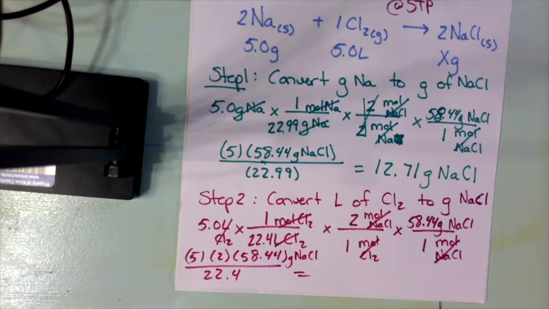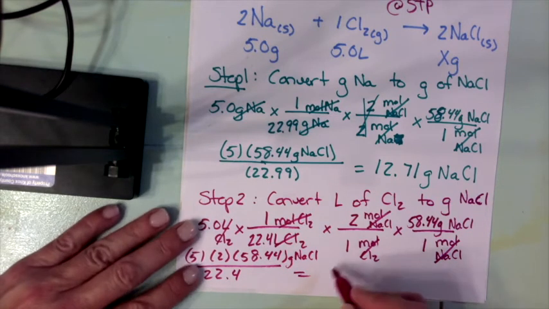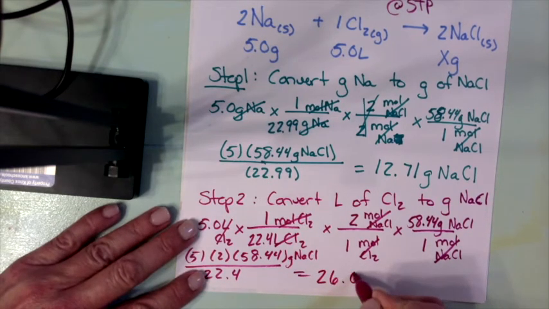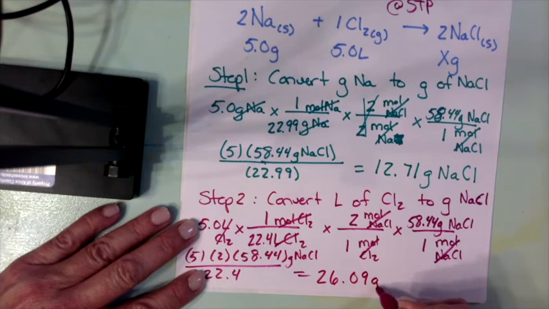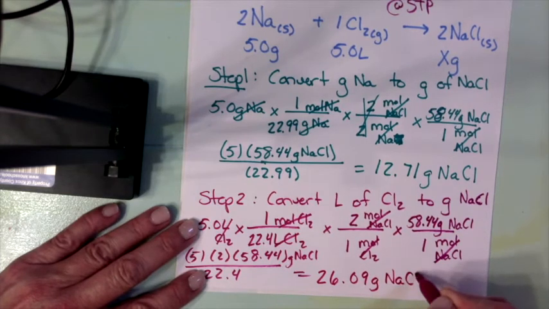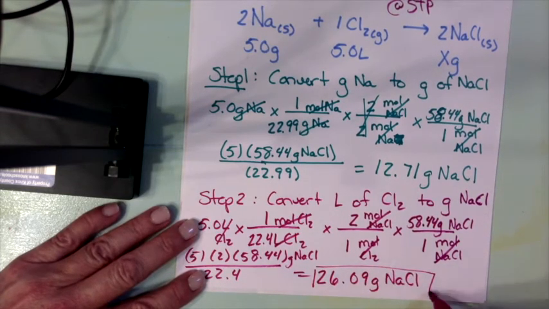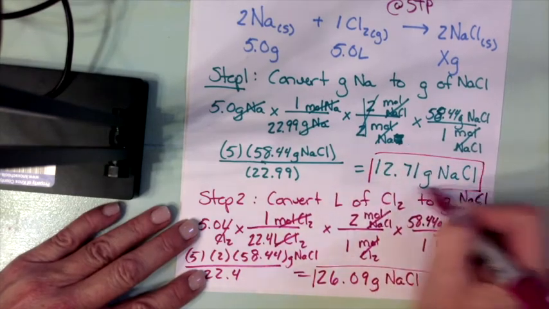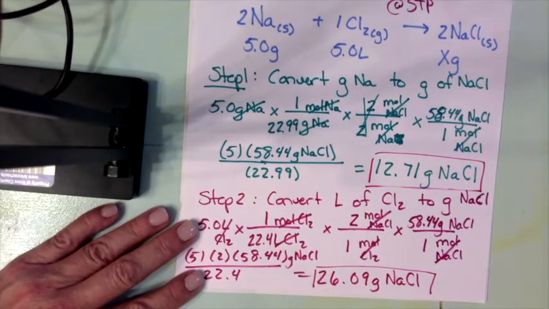So 5 times 2 times 58.44 equals 584.4. Divide this by 22.4, and our final answer is going to be 26.09 grams of NaCl.